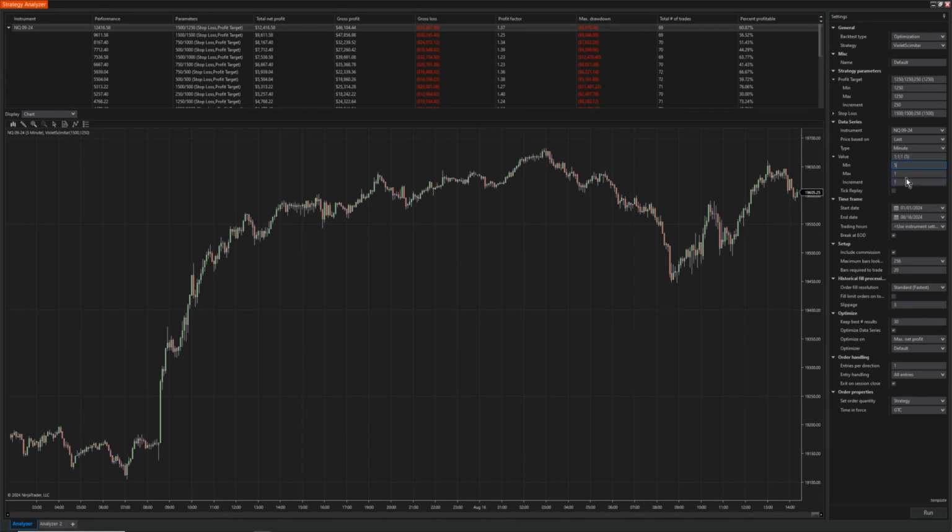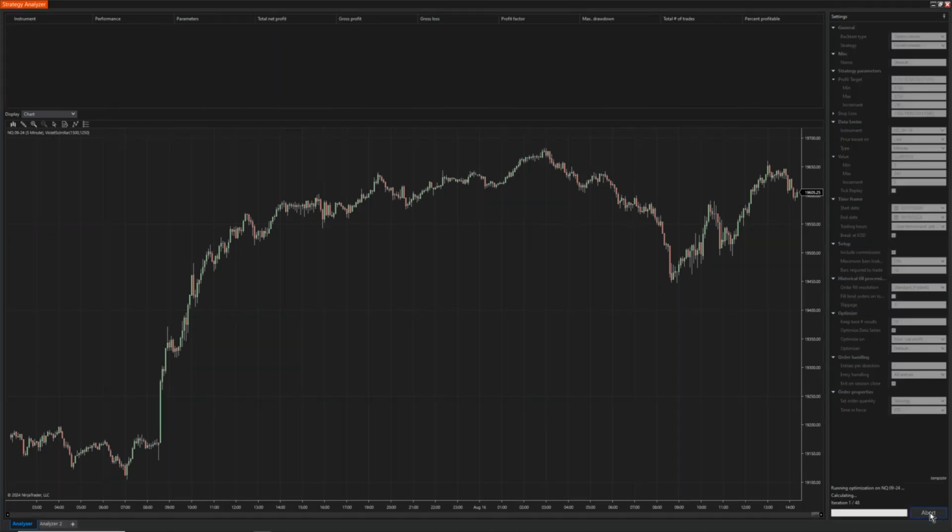So we can go 5 all the way up to 240 in increments of 5, and this will go really fast because the larger the time frame you optimize on, the faster it's going to do because there's less bars for it to process. So let's just go and hit run there, and that should take 30 seconds once it gets going.